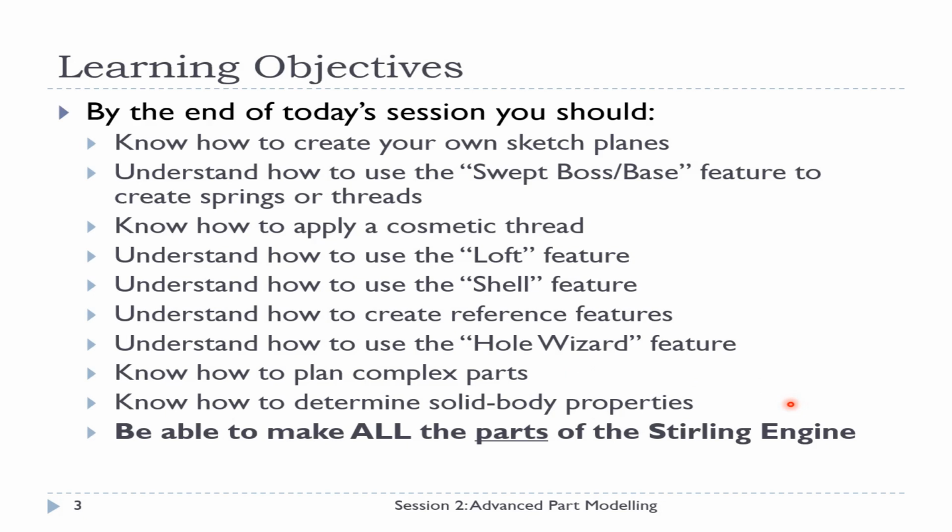And finally, we will discuss how you can find out different mass properties, how you can apply material to your parts. So hopefully by completing this session, at the end you will have all the skills required to complete all parts for your Stirling engine assignment.